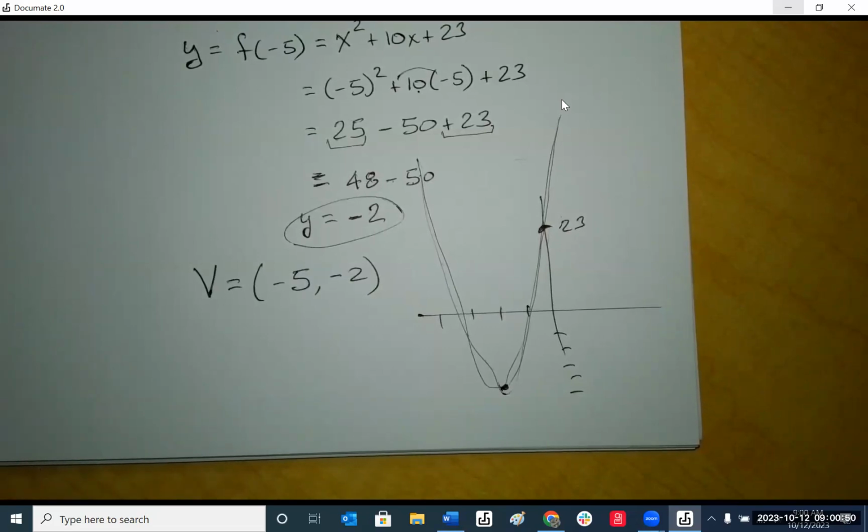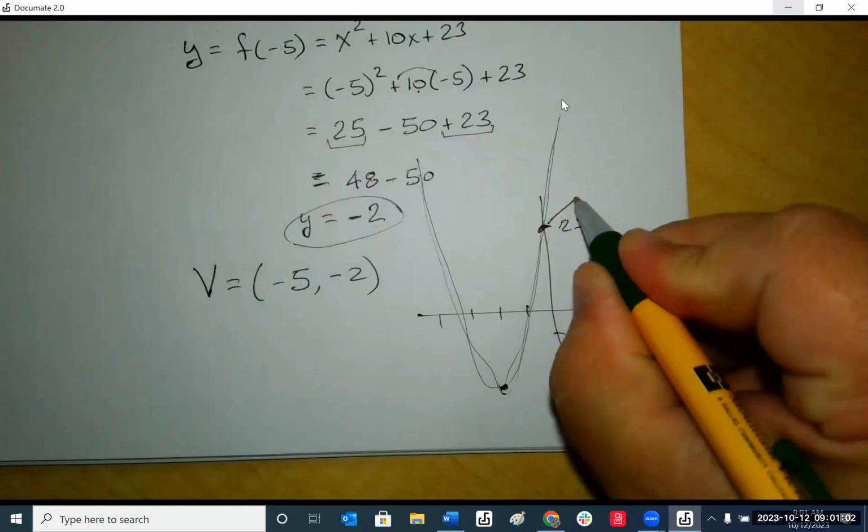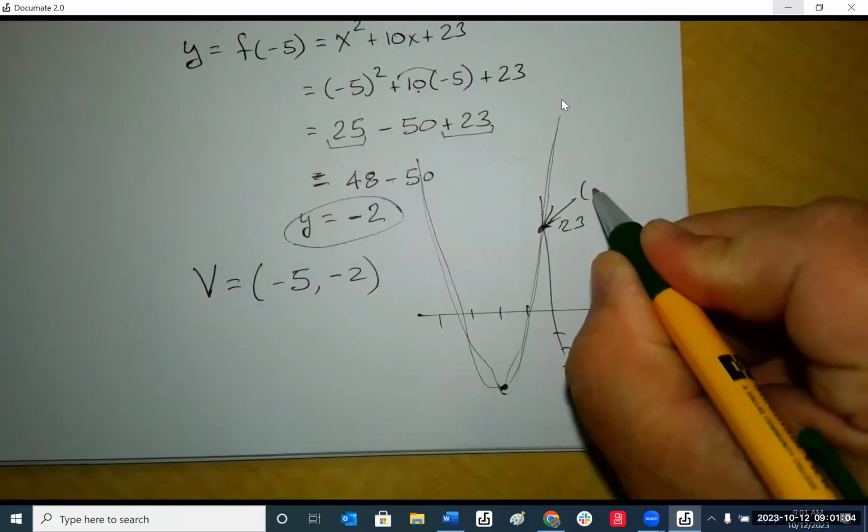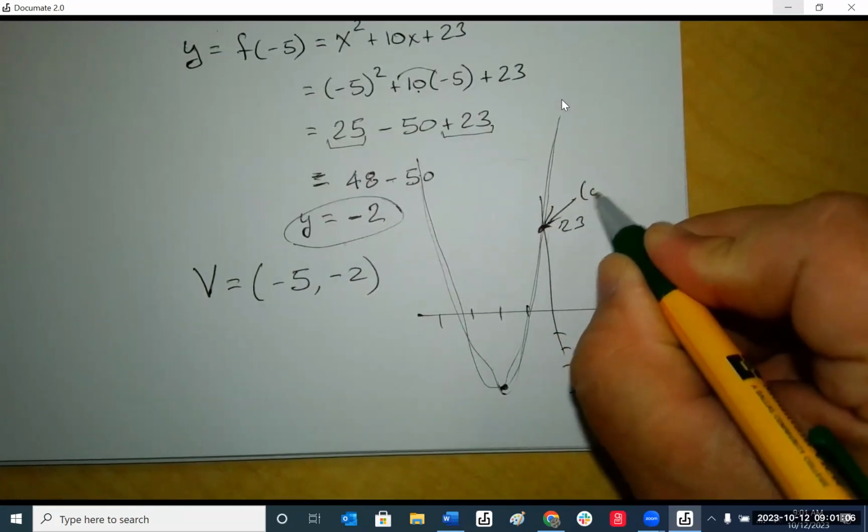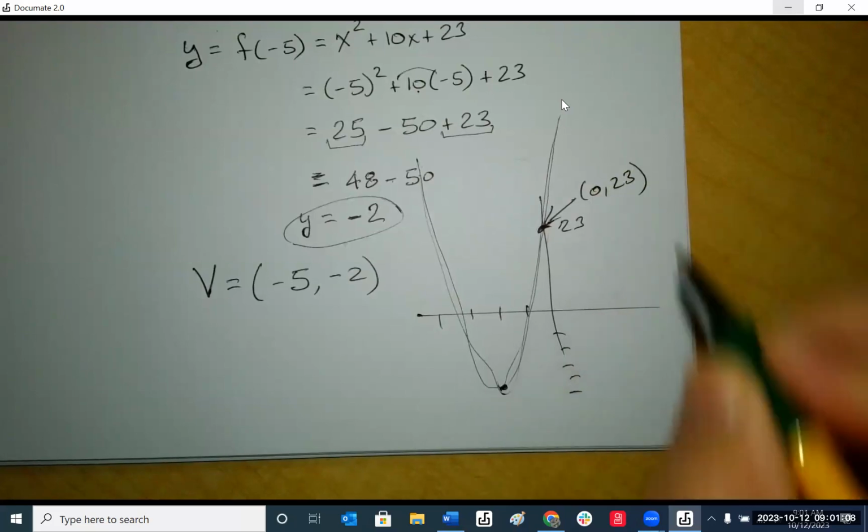But we're not finished. We can't finish graphing it. Well, we can find one other point. What other point can we find? We know this point is at (0, 23).